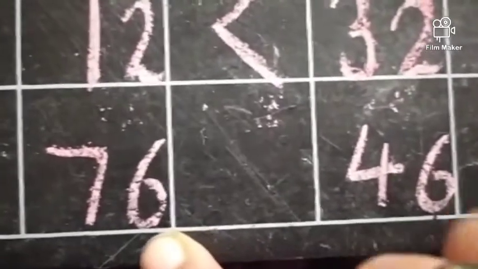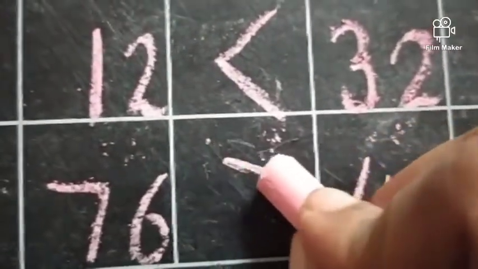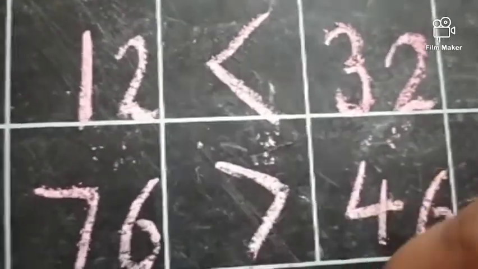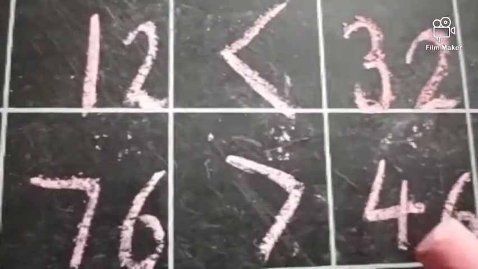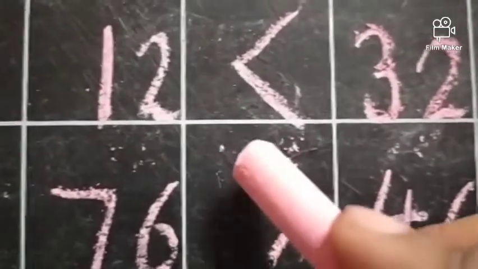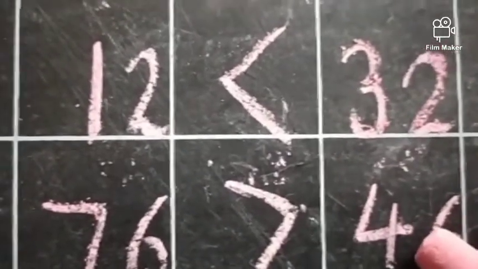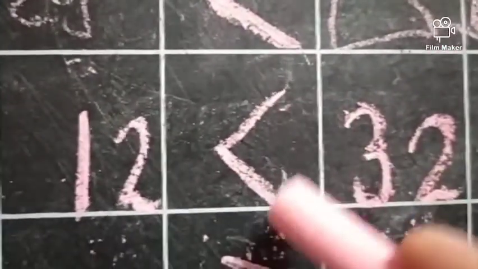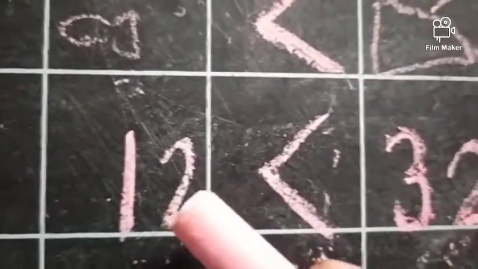The crocodile will eat the bigger number. The bigger number is 76. So which sign will come? Like this, greater than. Now read: 76 is greater than 46. Correct. You can check, 2 points towards the bigger number and 1 point towards the lesser number. The 2 open points face the bigger number and the 1 closed side is towards the lesser number.